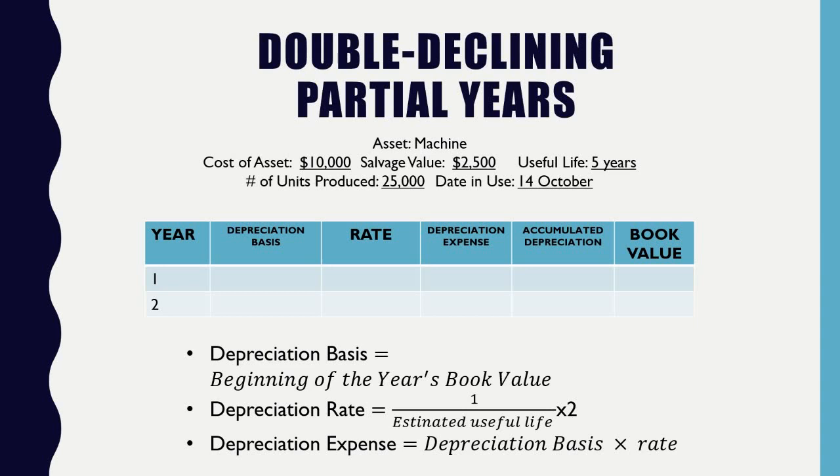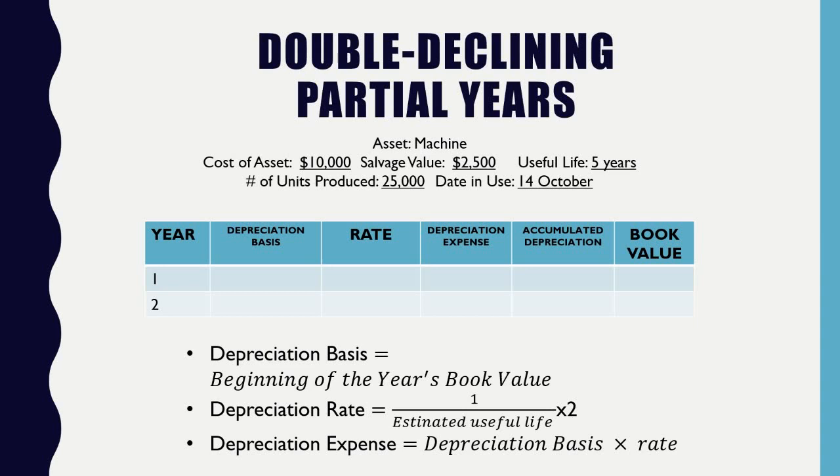So in this case, the depreciation basis, once again, is going to be your asset cost for the first year. So it's going to be $10,000, right? And then the next one is the depreciation rate, which is 1 over the estimated useful life times 2. So once again, we have 5 years.